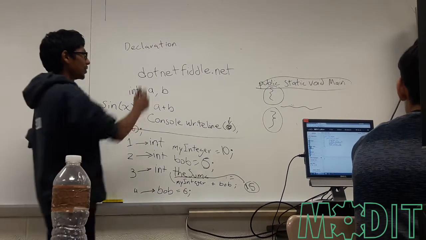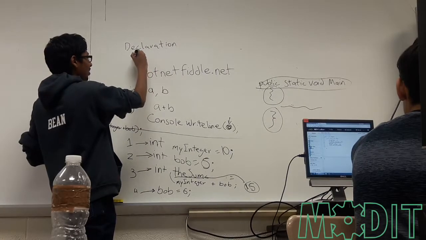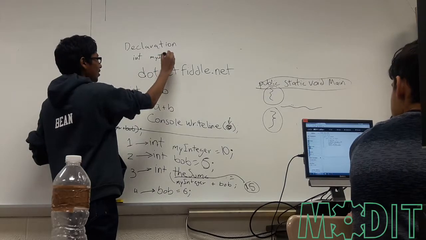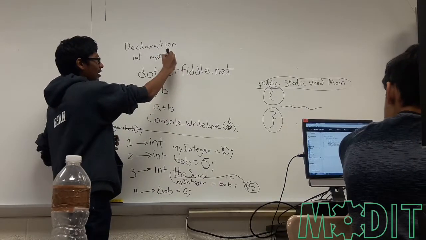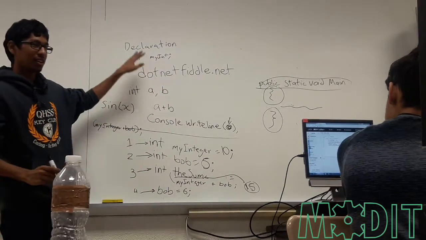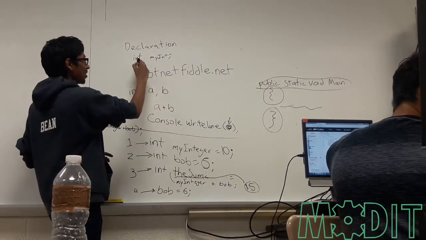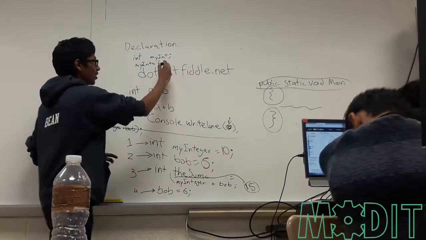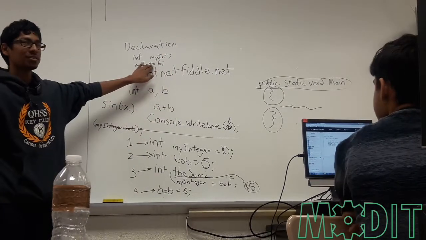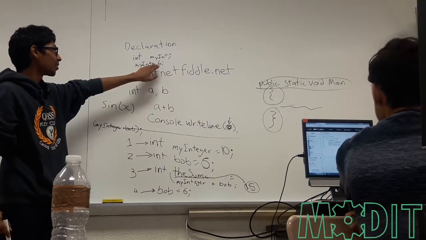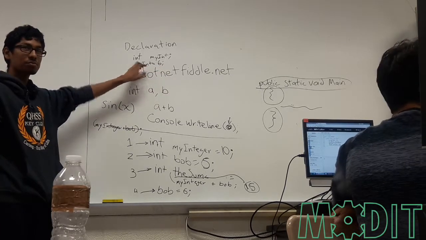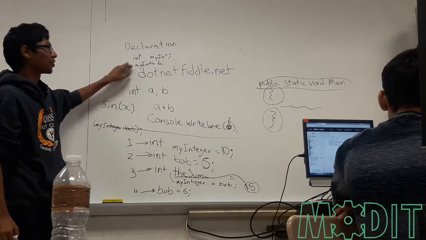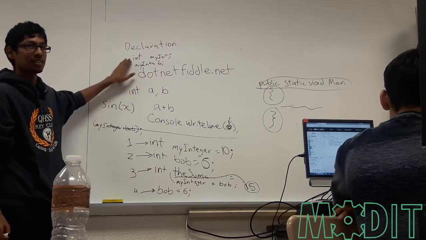So you would declare, say, int my int, and then you could end the line there. And then assignment is where you say, and that's assigning the value 6 to my int. And so any further lines, you don't need to say that it's an int.